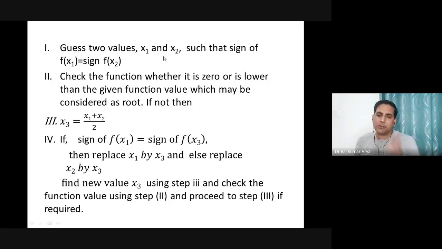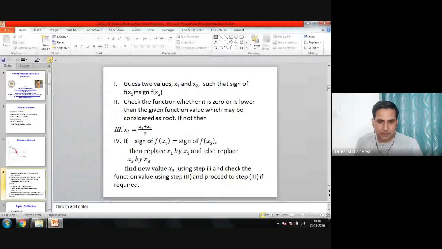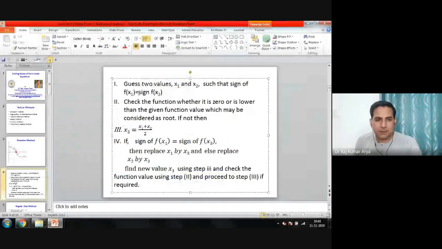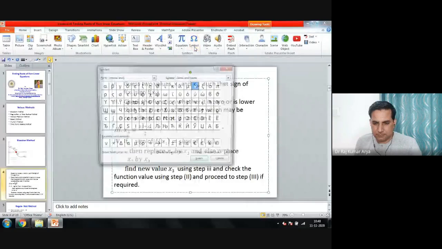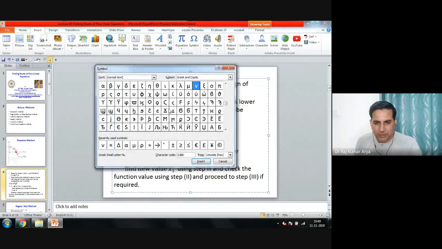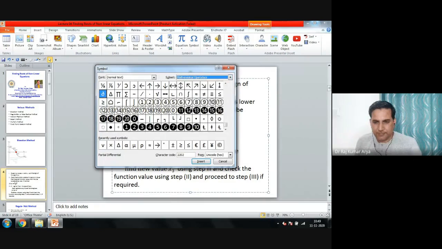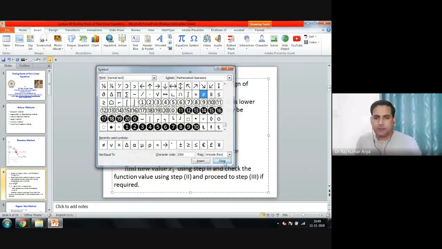So first, you take the two values in such a way that the sign of the function should not match. Okay, I need to correct it, one minute.